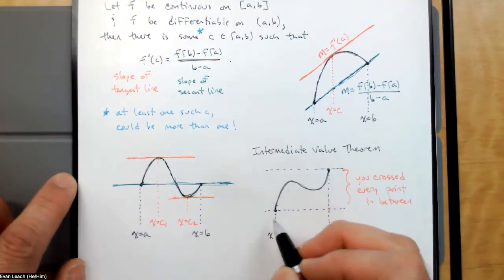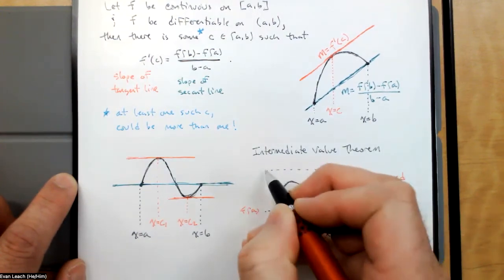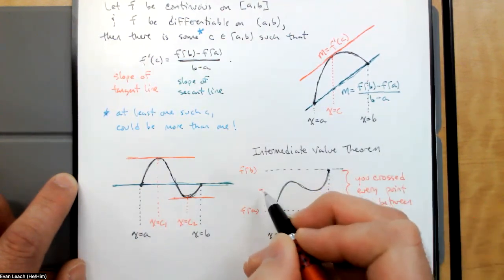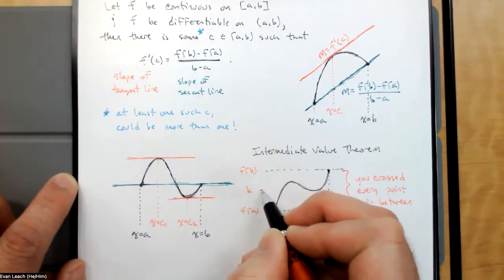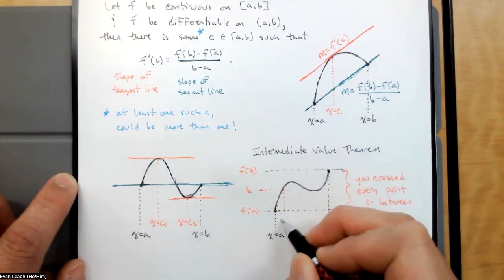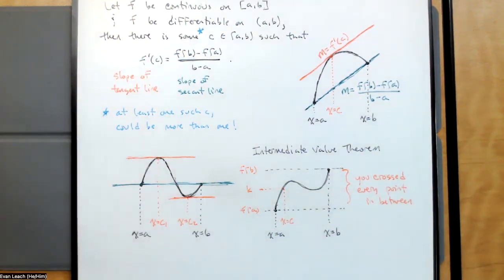But if we go from down here at f of a to up here at f of b, and there's some value here in the middle, f of x equals k definitely has a solution, because we couldn't have skipped that point. We crossed every point in between.